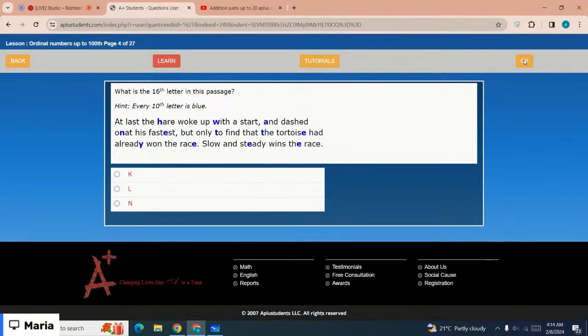The next one is what is the 16th letter in the passage? Which is the correct option? 16th.